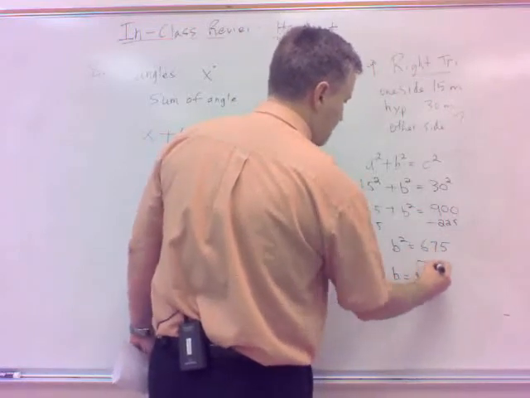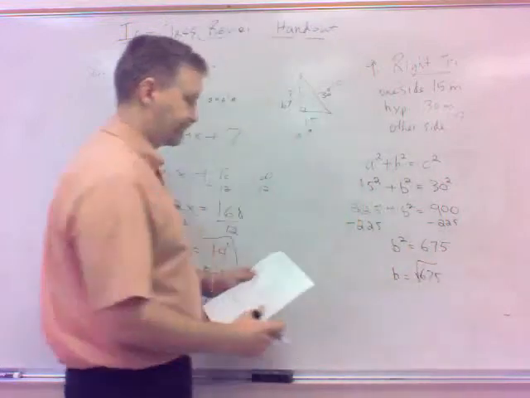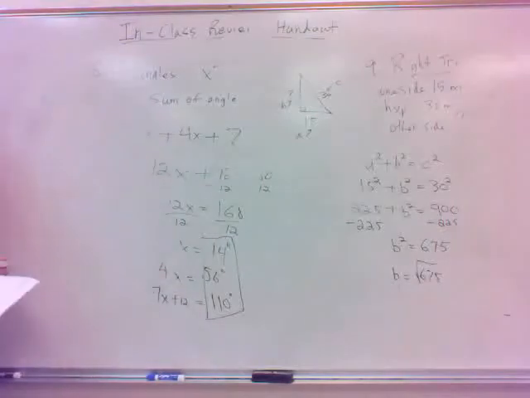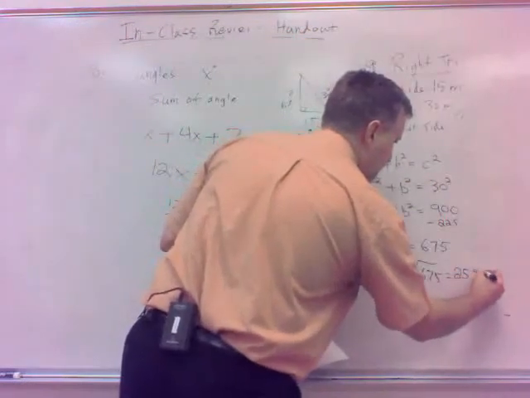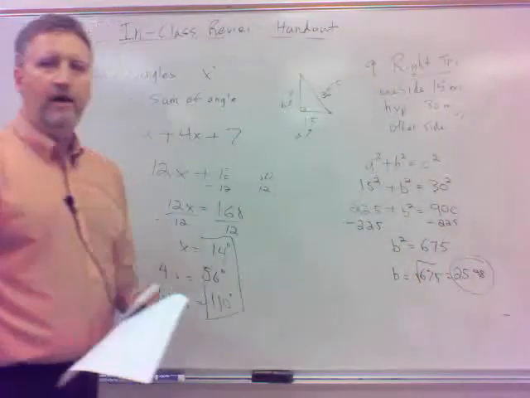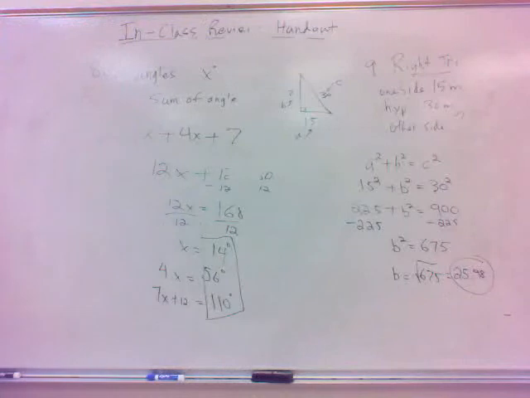Then I square root it, don't I? Square root of 675. Did I do that right? 25.98, basically 26. All right. How about that? Not too bad? Okay.